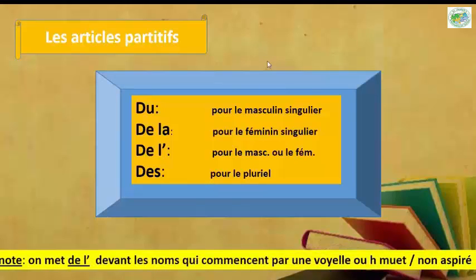Note, on met de l'apostrophe devant les noms qui commencent par une voyelle ou H muet, non aspiré. H, we consider it as a vowel. It's not a vowel, but we use it with the vowels. So when you see a singular noun that starts with H, we usually use de l'apostrophe for it. Okay?